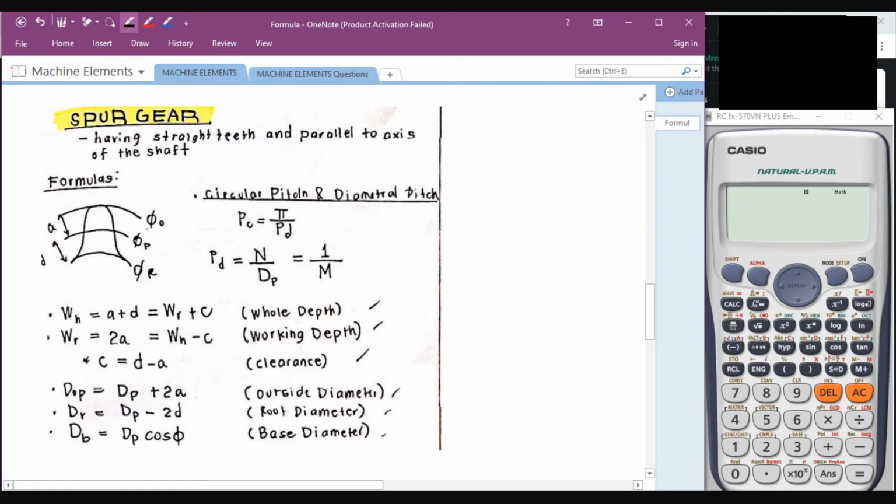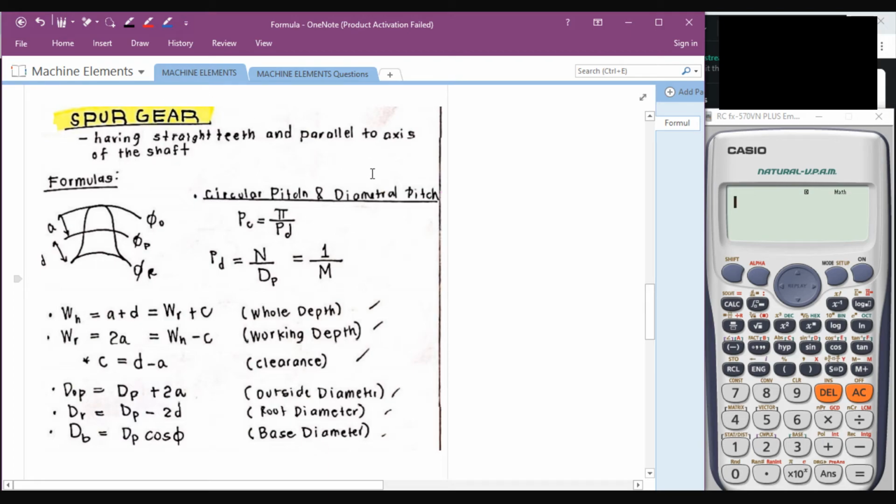The difference between the two, the outside and the pitch diameter, is the addendum. It is on the outside. And from your pitch diameter to your root diameter, you call that the dedendum. Start from outside going inside: the middle part is the addendum, and from the middle to the lower part is the dedendum.